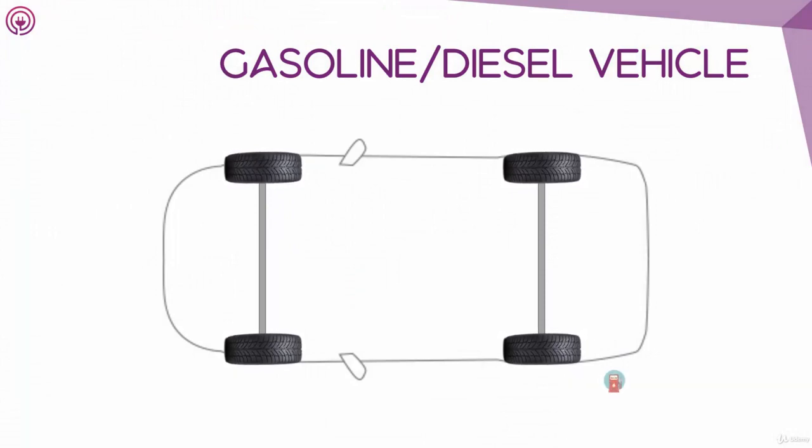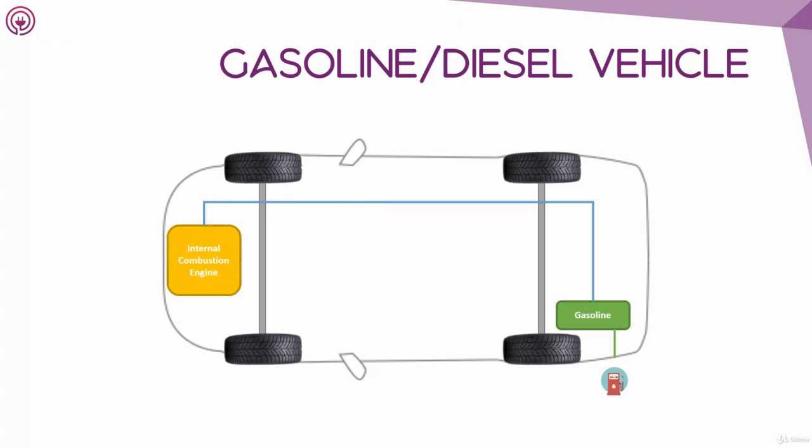A petrol vehicle commonly utilizes a spark ignition engine as opposed to the compression ignition engine utilized in diesel vehicles. The IC engine uses a complex mechanical transmission system to move the torque to the wheels.